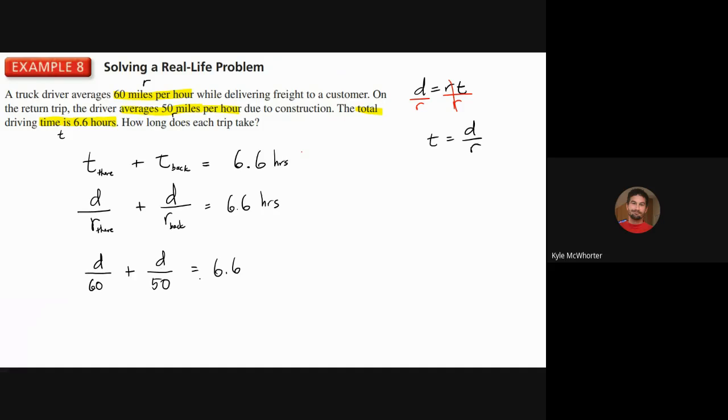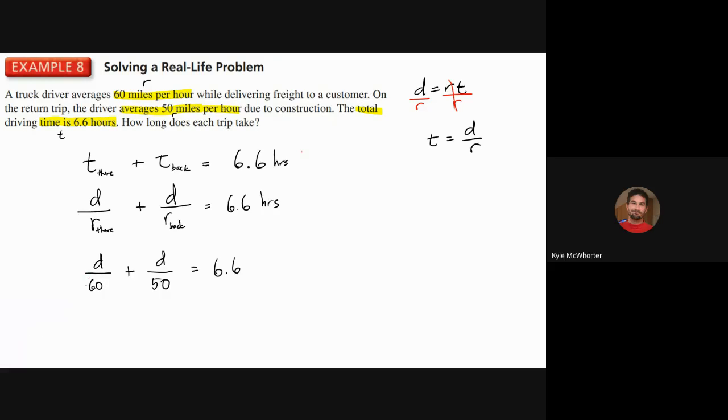In order to add fractions, you have to have a common denominator. So what are they both going to go into? 300. Is 300 the smallest that they both go into? Well, I think they both do go into 300.